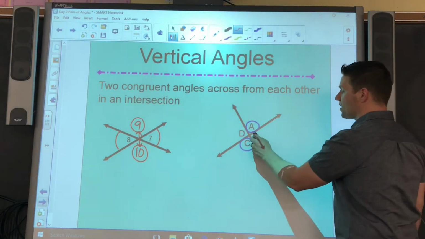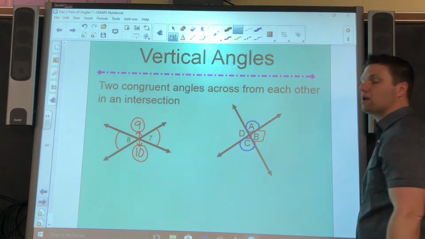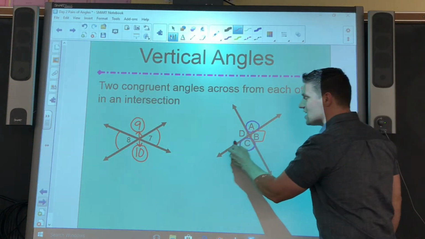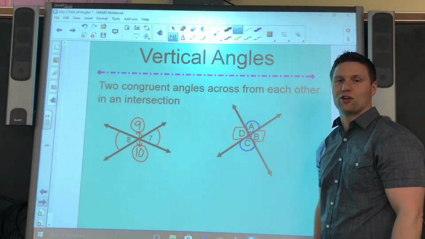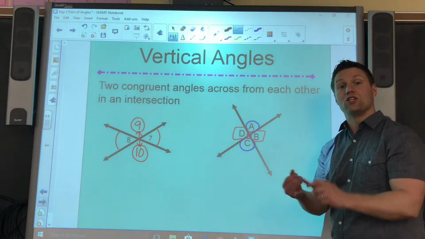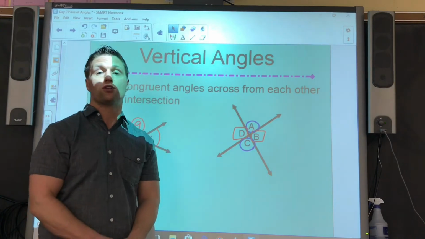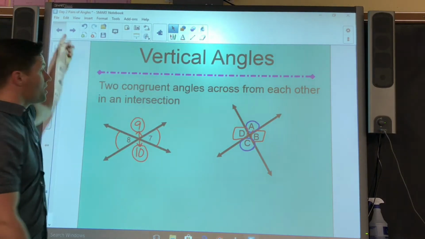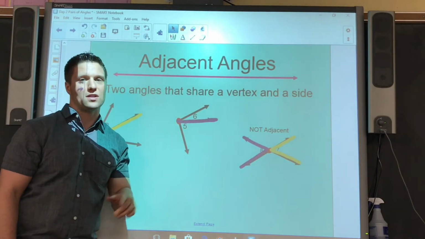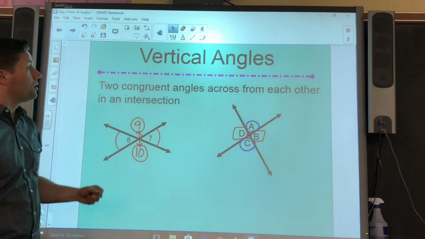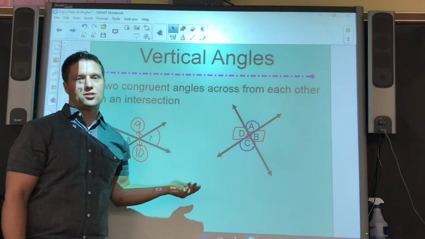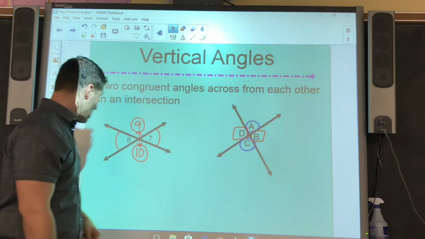That leaves angle B. I'm going to use a square on that one. Angle B and angle D are both vertical as well. So adjacent and vertical are 2 ways to pair up angles according to location. They are either next to each other, which means adjacent, or they're across from each other, which means vertical angles. Okay, let's keep going.